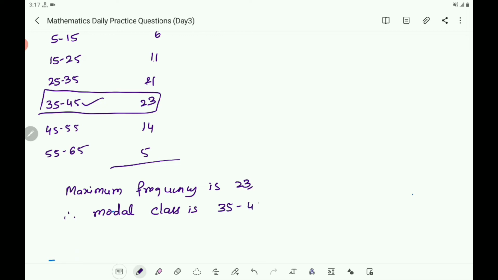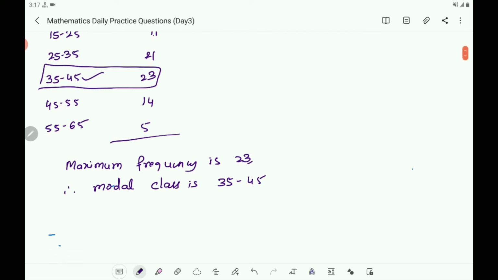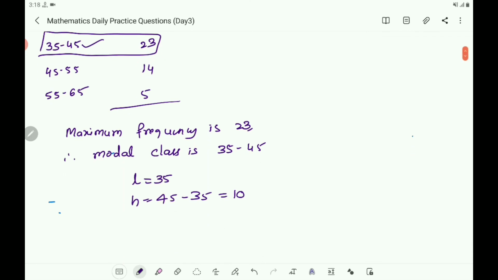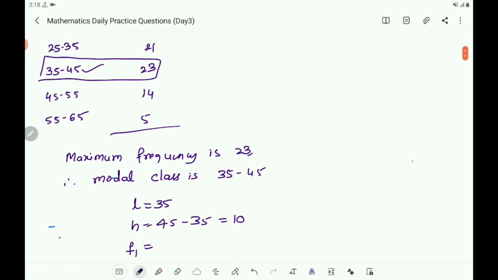Now you write L, H, F1, F0 and F2. L is the lower limit of the modal class, that is 35. H is the size of the class: 45 minus 35 equals 10. F1 is the frequency of the modal class, that is 23.